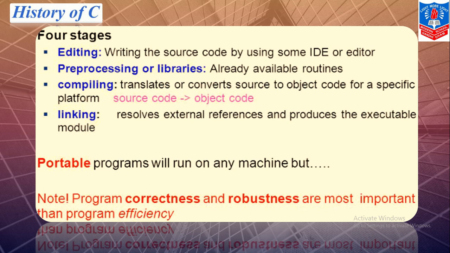Already available routines are there in the libraries of C. Then compiling, which translates or converts source code into object code for a specific platform. So source code is always written in an editor and is converted by the compiler into object code. Then comes linking, which resolves external references and produces the executable modules.